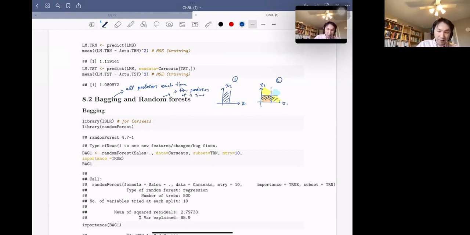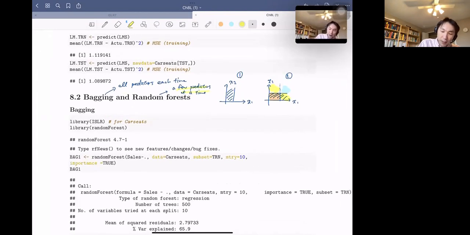It sounds like bagging is more comprehensive, but actually random forests usually perform better. It's a kind of mystery, but since we have different kinds of trees each time, we actually diversify the trees, so the result is often better. And these two procedures are fit by the same function, which is the randomForest function in the randomForest library.